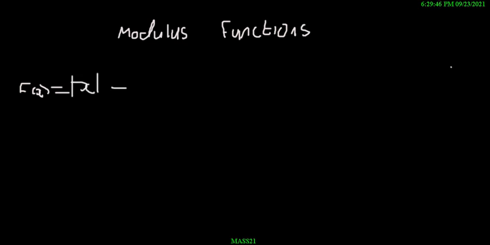So what this means is that you're going to have x, with the condition that x is greater than or equal to 0, and negative x, with the condition that x is less than 0.